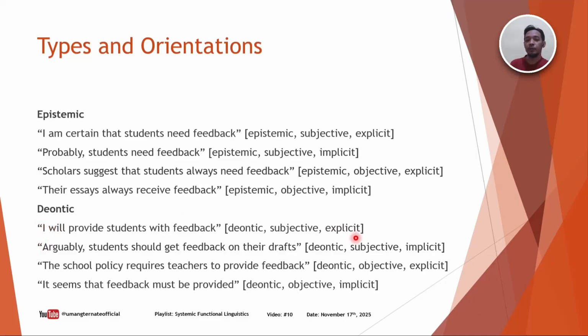And then the deontic subjective implicit. "Probably students should get feedback on the drafts." This one is implicit.